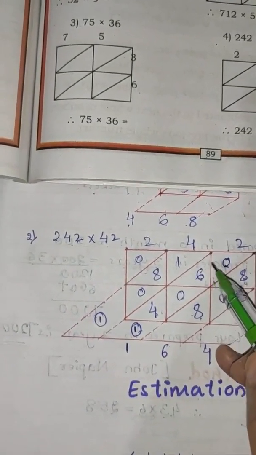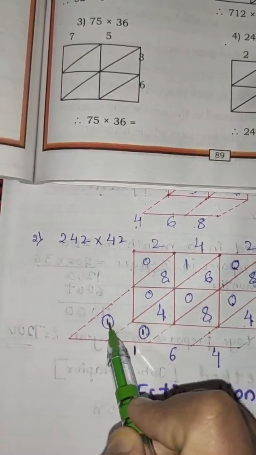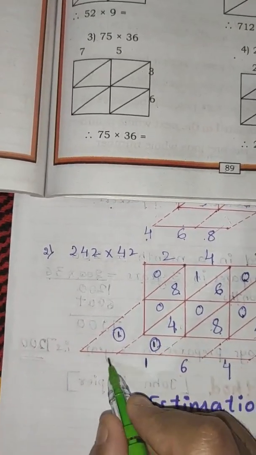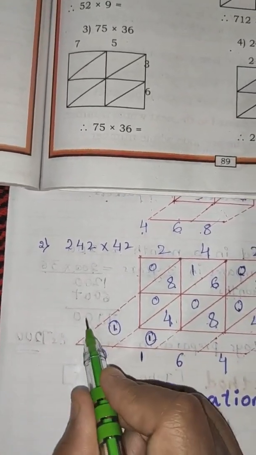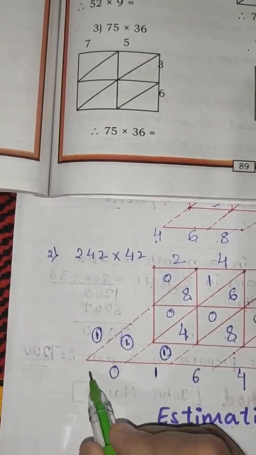Yes. So next one is 1 plus 8 is 9. 9 plus 1 is 10. Right? So we'll write 0 here and the 1 will carry over to the next place. So 0 plus 1 is 1.